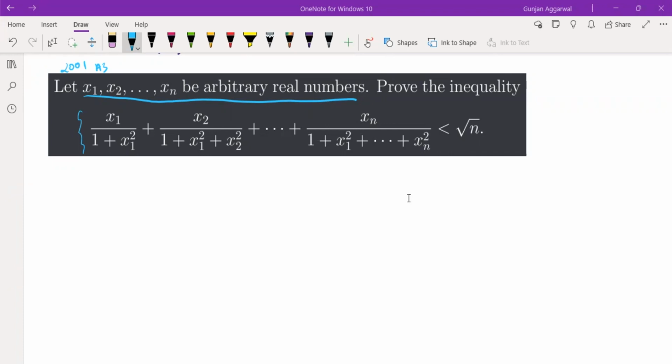Why is the inequality sign flipped? I'm sorry, why is the inequality sign flipped? I think it's correct.